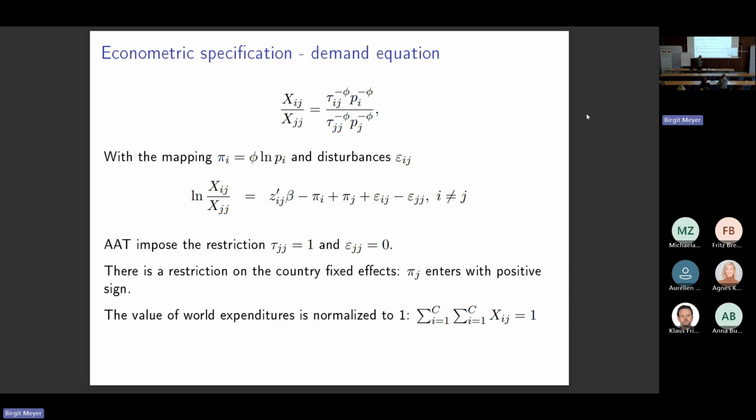Okay, and in the end, what they said is TJJ is 1. We can't identify that. We can't handle epsilon JJ, which is the trade shock, the domestic one. That would come for all exports to J. It would be something like a random effect, and it would lead to equicorrelation.